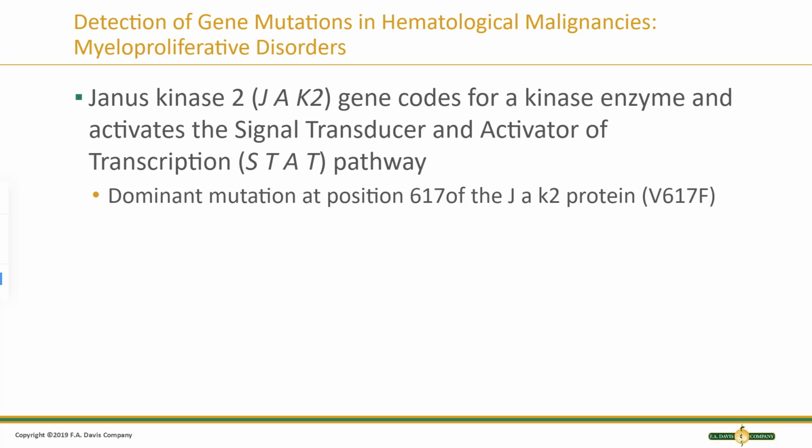Detection of gene mutations in hematological malignancies, myeloproliferative disorders. So the Janus kinase, or JAK2, gene codes for a kinase enzyme and activates a signal transducer and activator of transcription, STAT pathway. Dominant mutation at position 617 of the JAK2 protein, V617F.